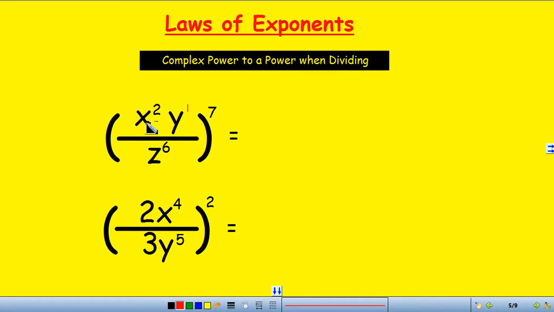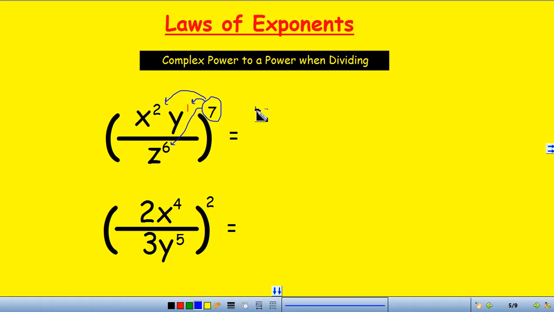So we have x to the second power times y to the first power, all divided by z to the sixth power. And as we said before, we're going to distribute our power to all of the exponents located inside, even in our denominator.